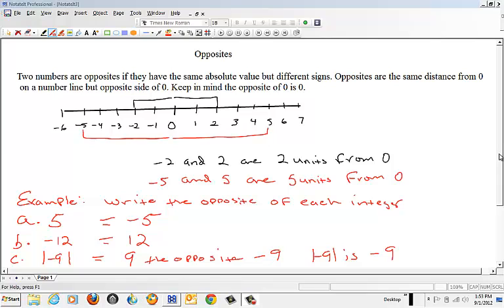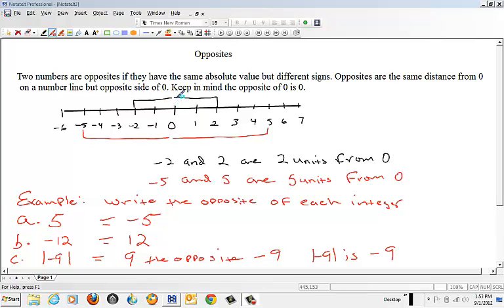Now, talking about opposites, if we look at the first line that I've drawn up here, we see that 2 is exactly 2 units from 0: 1, 2. If we look at -2, it is exactly 2 units from 0, which is 1, 2.